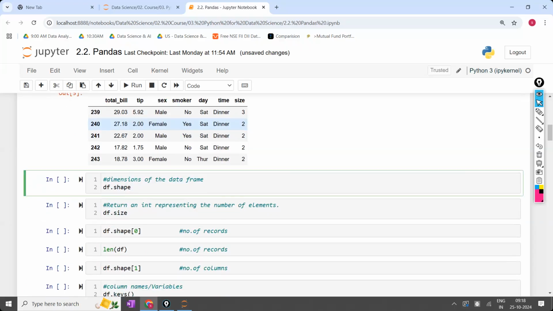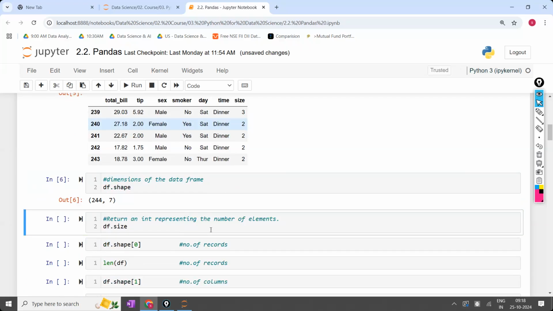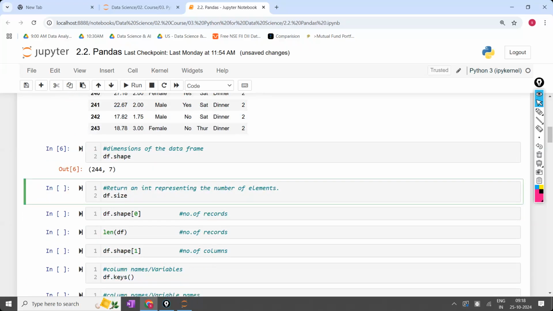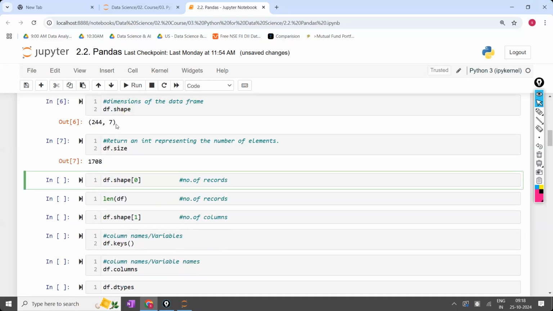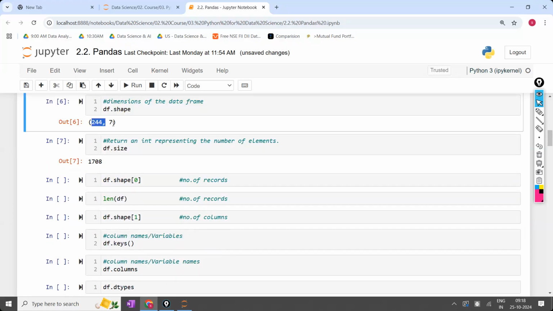Next, df.shape. Shape means total number of rows, comma, total number of columns. So here 244 records with 7 columns are there. And df.size. Size means 244 into 7. If you want them exclusively, this is the number of records, comma, the number of columns. I want only the number of records.